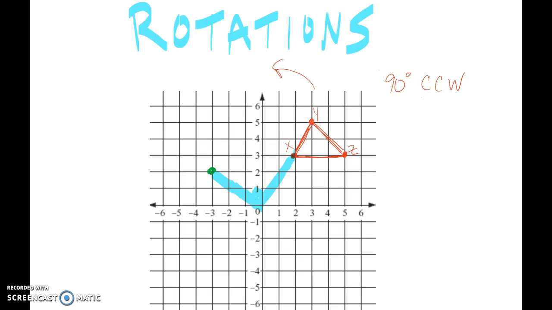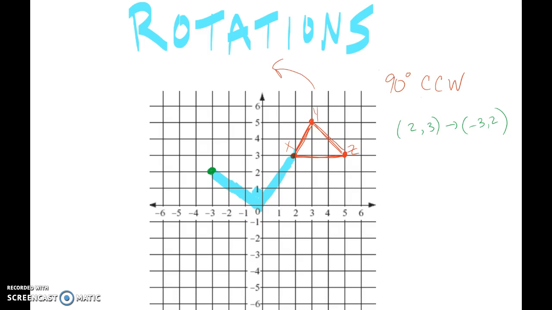So if you want to do this with numbers, let's just take a look. The pre-image was at the point (2, 3). Where did it move when I rotated it 90 degrees? It moved to the point (-3, 2). So there are some people that like to just draw it and think about opposite slopes. So down 3 over 2, and then it's like, oh, up 2 over 3 the other way.